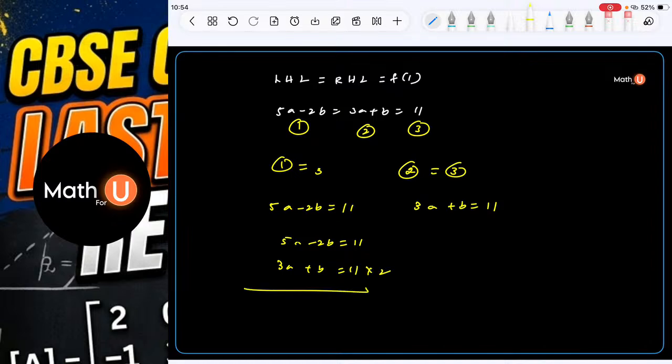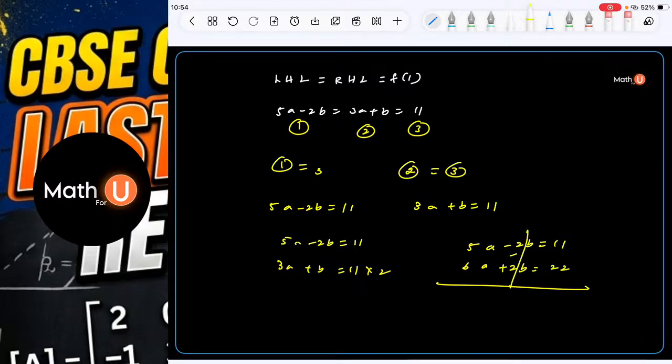If you multiply 2 to the second equation, we get 5a minus 2b equal to 11, and 6a plus 2b is equal to 22. These two get cancelled, we get 11a equal to 33, that is a is equal to 3. If a is equal to 3, what is b?